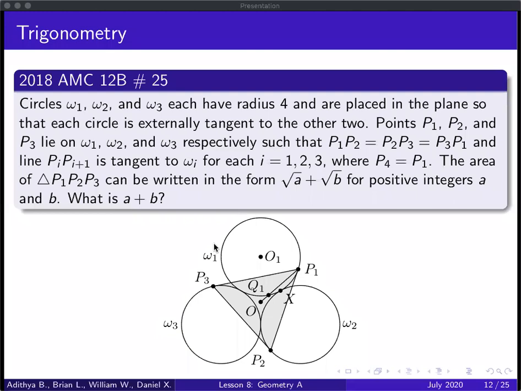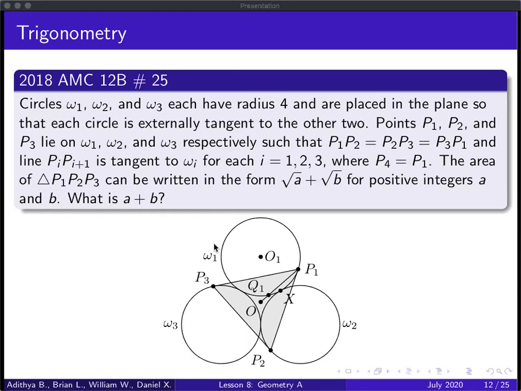So O is basically just the center of this whole diagram. If you look at the tangency point between omega 1 and omega 2, it's basically by symmetry that OX should be tangent to both of the circles.